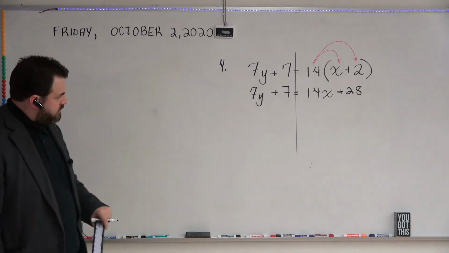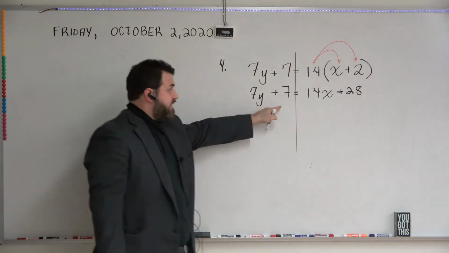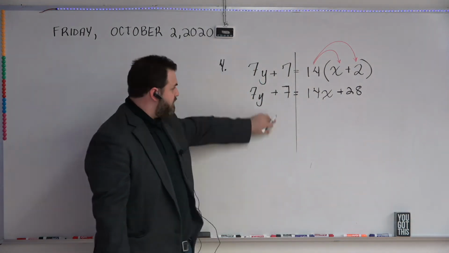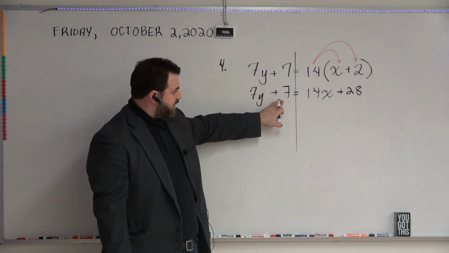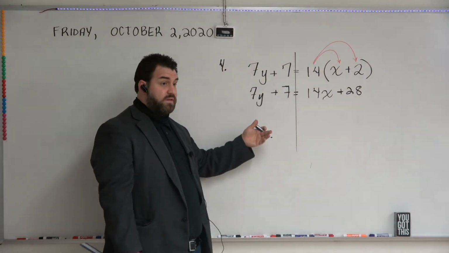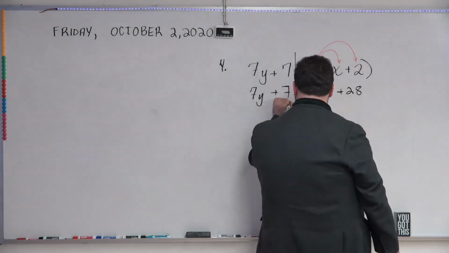Divide 14 by 7. We could divide every single term by 7, but that's kind of looking ahead a little bit. So I just want to get rid of this plus 7. So we just do the opposite of addition. You subtract 7. Minus 7.